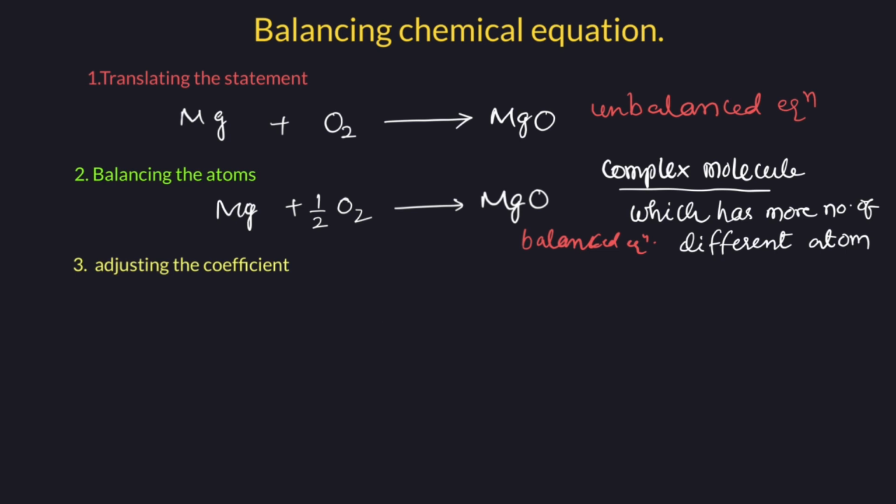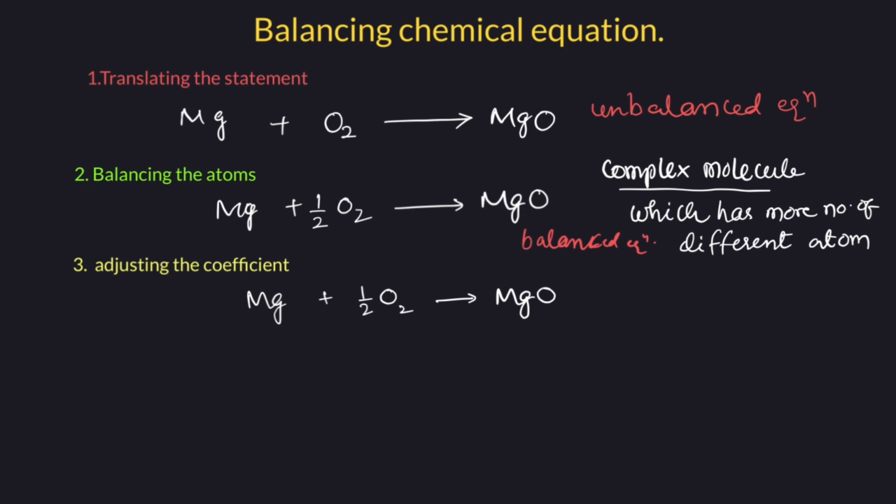Then how do we adjust this coefficient? Now Mg plus half O2 gives rise to MgO. This is the equation from the second step.